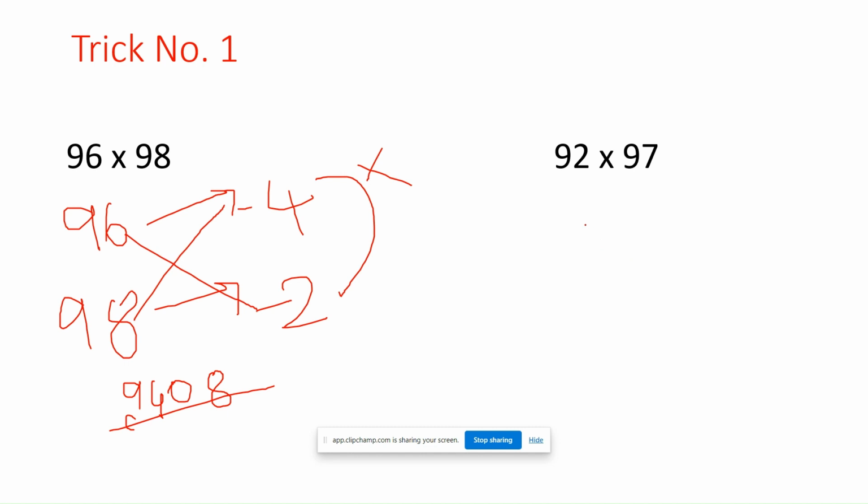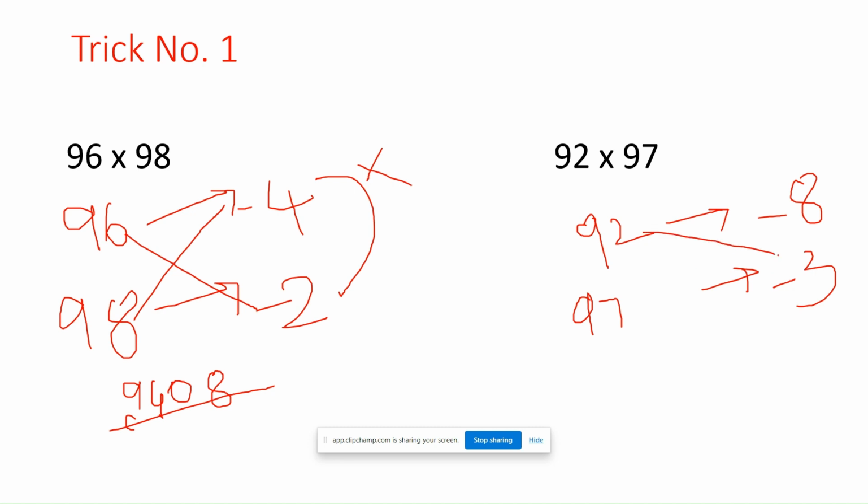So let us take one more example and understand better. How many numbers do we have to add to get 100? Here we have to add 8. Here also, how many numbers are you going to add? Just 3. This is a number less than 100, no? So we have to put the subtraction sign.